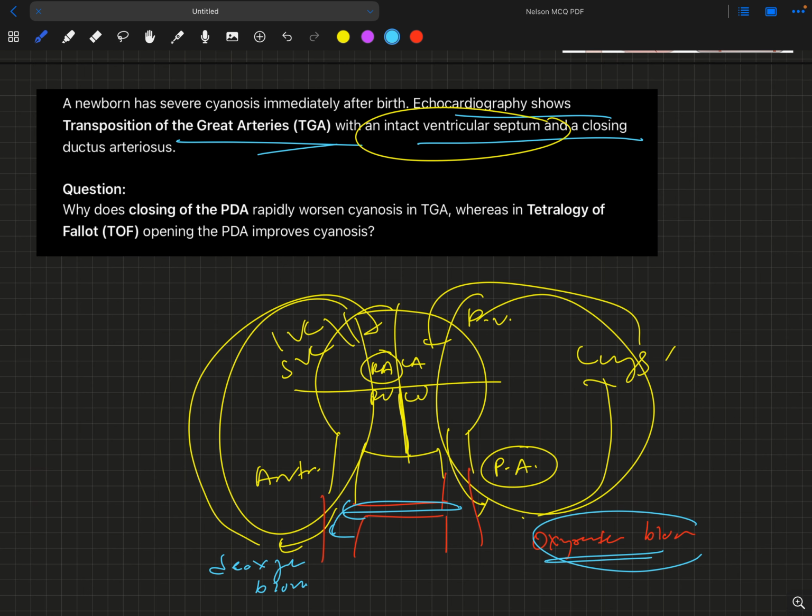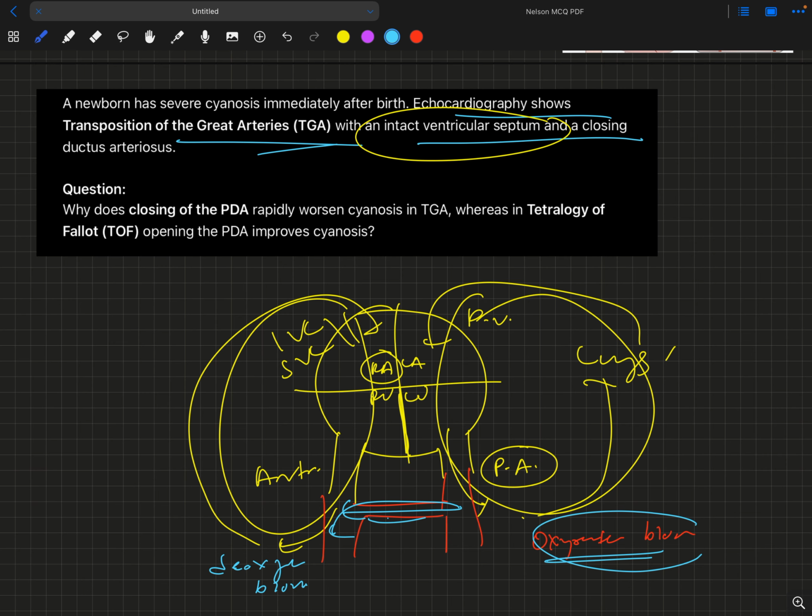So there will be improvement in cyanosis. After birth, after 10 to 15 hours, there will be functional closure of this ductus arteriosus. That will lead to decrease in flow of oxygenated blood from the left side to the right side. So closing of the PDA will rapidly worsen the cyanosis in TGA.